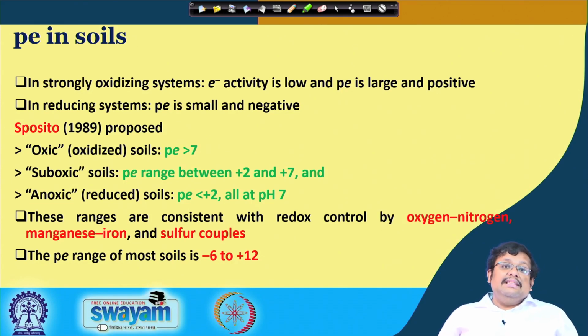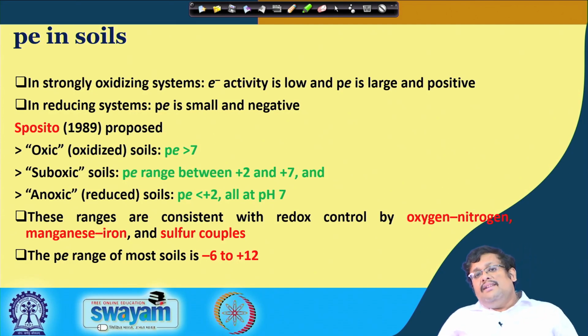So, basically the ranges are consistent with redox control by oxygen, nitrogen, manganese, iron and sulfur couples. However, the pe range for most soils varies from minus 6 to 12.